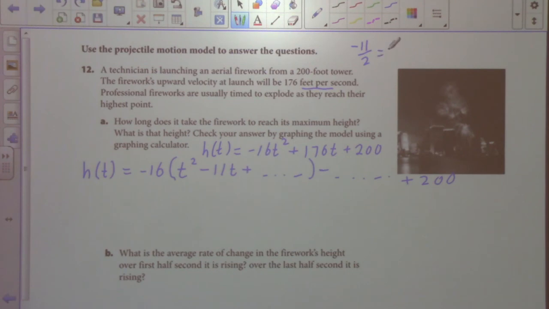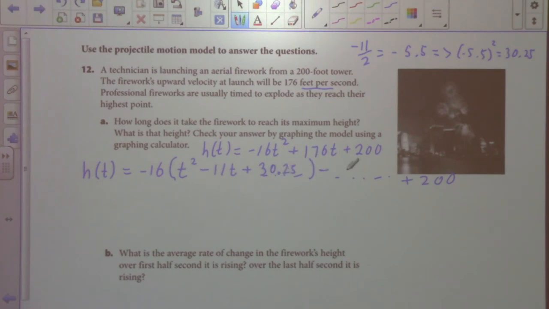And so if we take this, we get negative 5.5. Is that going to be an important number for us? Yeah, it is. And what do we do with that negative 5.5? Negative 5.5 squared. What did you get, Gabby, for that? We say 30.25. So we're going to add 30.25 here.